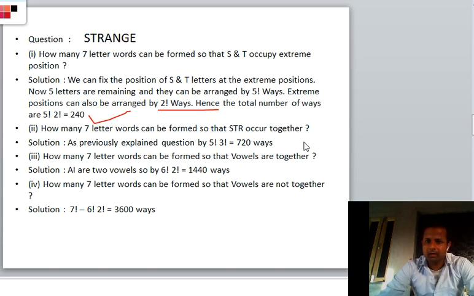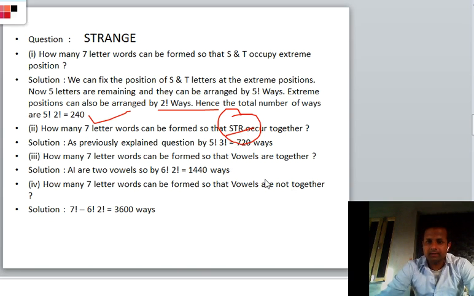Now come to the second part. They are asking how many 7-letter words can be formed so that STR occur together. Always remember, whenever a question says a group of words or a group of letters comes together, always assume the group as a single letter. So STR should come together, and we can assume STR as a single letter.